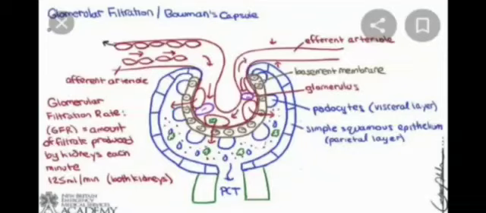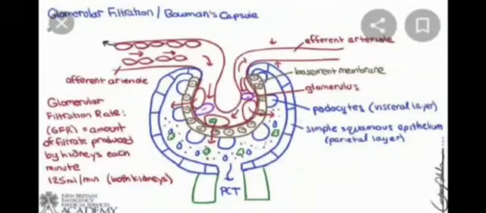The outer layer or the parietal layer is made up of simple squamous epithelium, and the inner membrane or the inner wall, known as the visceral wall, is made up of podocyte. The podocyte rests on foot-like processes called the pedicel.